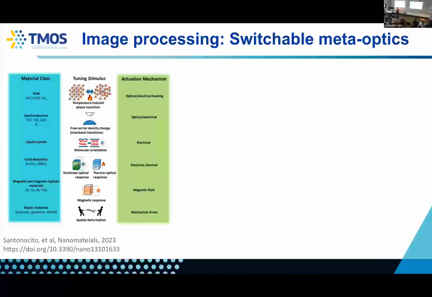Ideally, we'd like our metasurface to be such that we could just easily change the device itself somehow, or the illumination, to change the operation performed by the metasurface. So there are a range of actuation mechanisms that people have been exploring to reconfigure the behavior of a metasurface. I'm not necessarily talking about image processing here, but in general, there is a lot of interest in being able to modify the properties of metasurfaces.